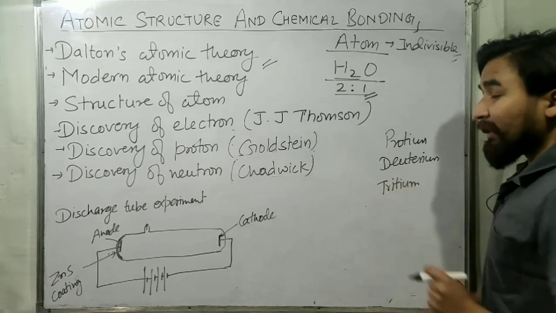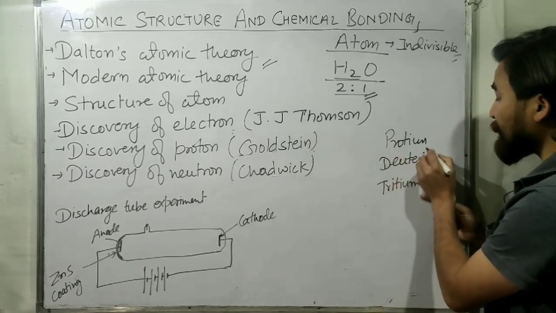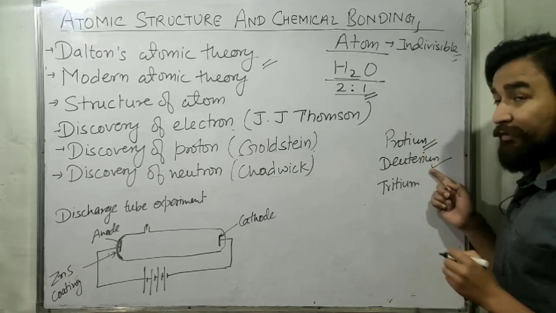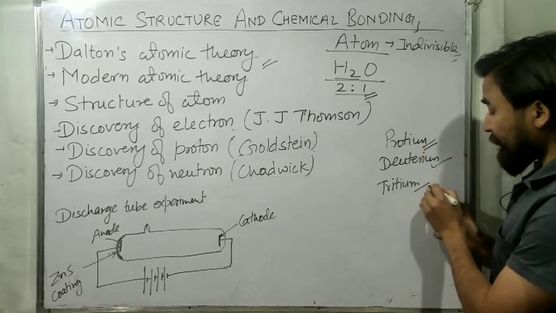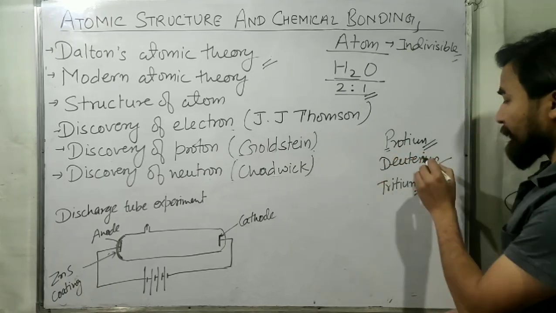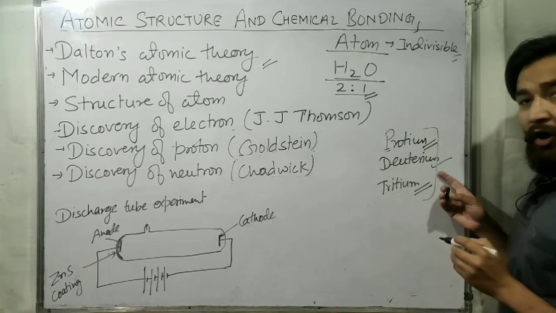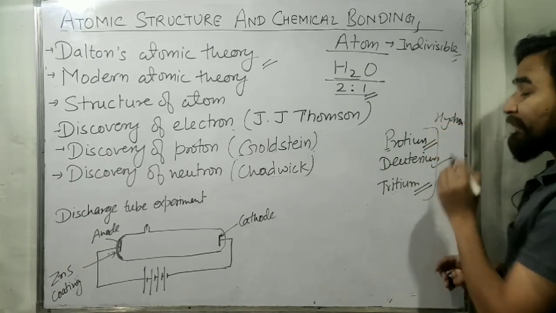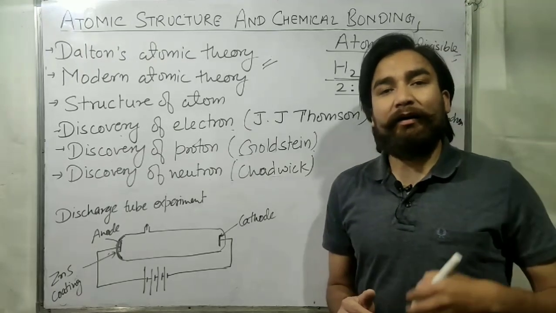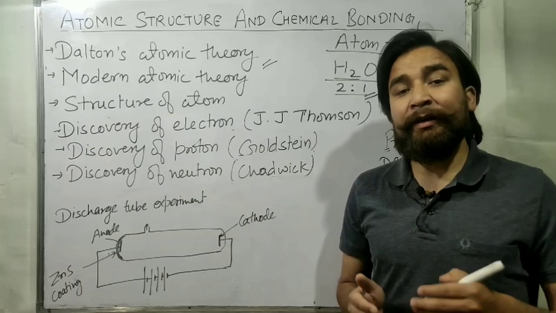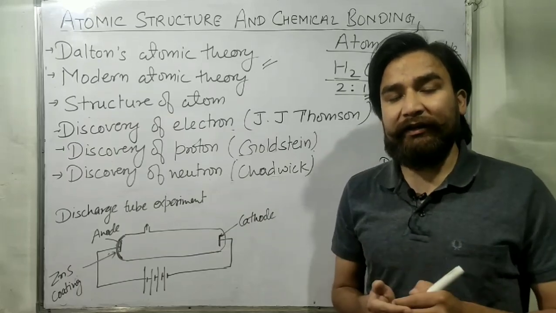Now, these all are the atoms of hydrogen. Now, the mass of deuterium is twice the mass of protium. The mass of tritium atom is thrice the mass of protium. But all the atoms are of hydrogen. So, you cannot say that the atoms of same element should be identical. They may or may not be identical.